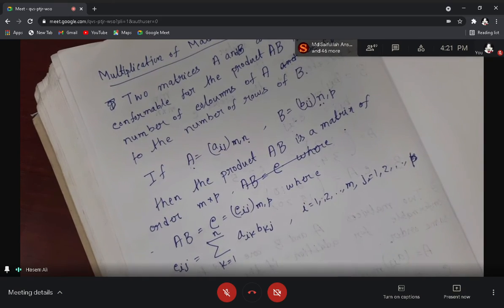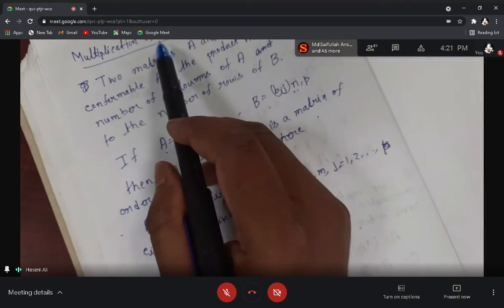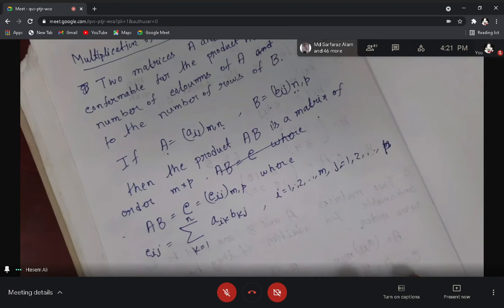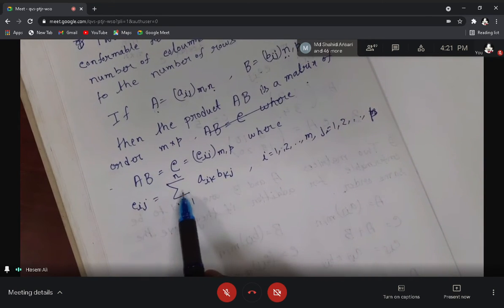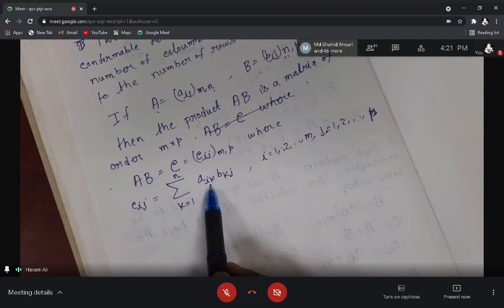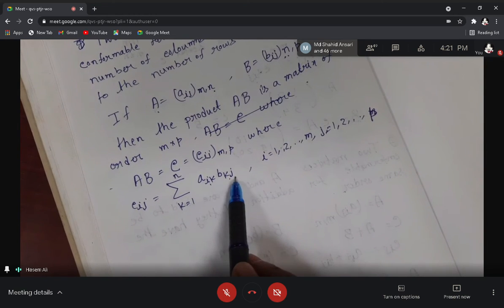Now, how to multiply a matrix by a matrix? Here Cij will be calculated by the summation of Aik Bkj.